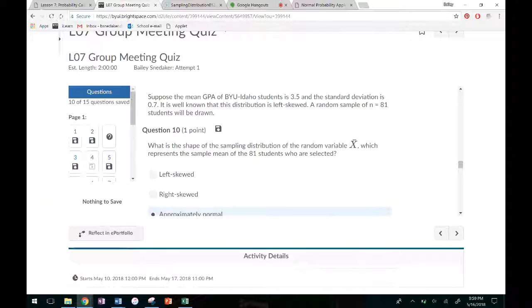So is that 3.5 divided by 9? Is that correct? 0.3888888.